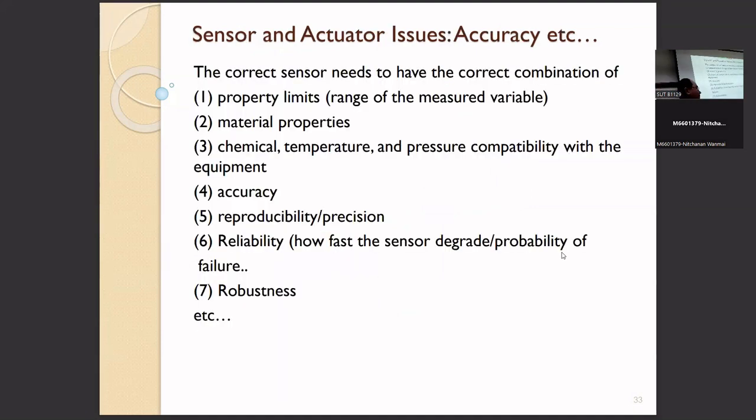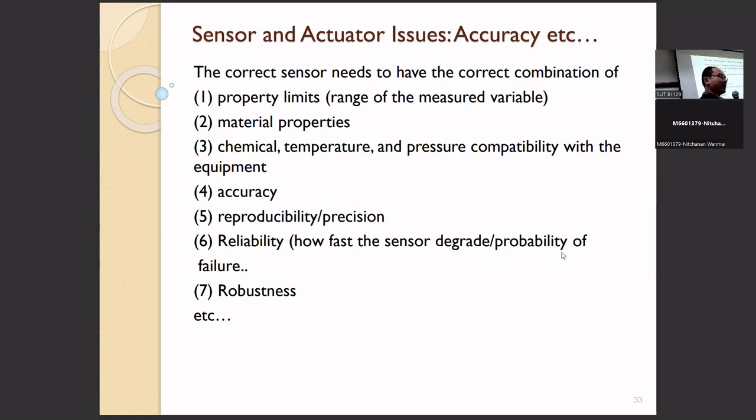Okay, for the question about the sensor and actuator, what would we consider? We would consider, first, you have to check the property limit. A sensor like a thermometer or thermocouple can measure 0 to 100 Celsius. If you need to measure under 0, you cannot. You have to consider the limit of the sensor. And the second one, the material property.